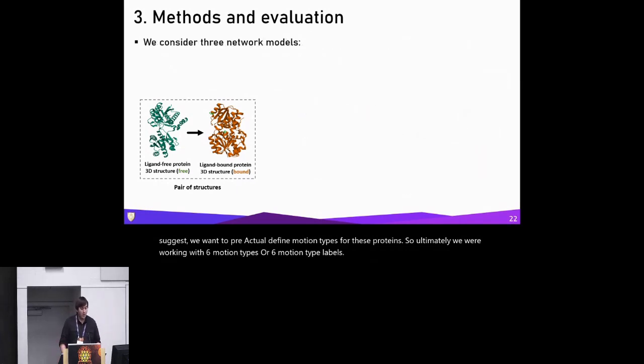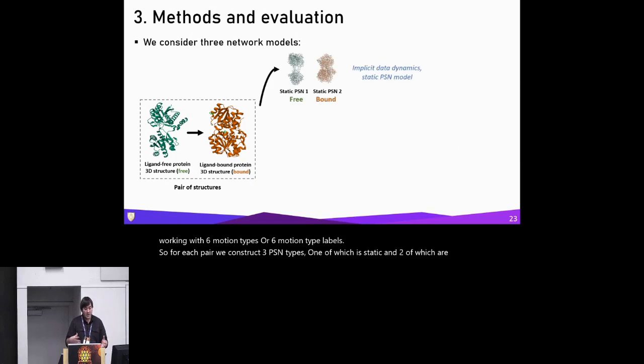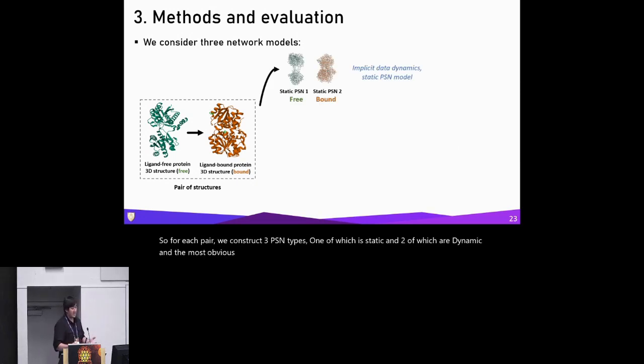So for each pair, we construct 3 PSN types, one of which is static and 2 of which are dynamic. The most obvious model to use is the static model, where given a pair, we construct a static PSN for the free protein structure and another static PSN for the bound protein structure.